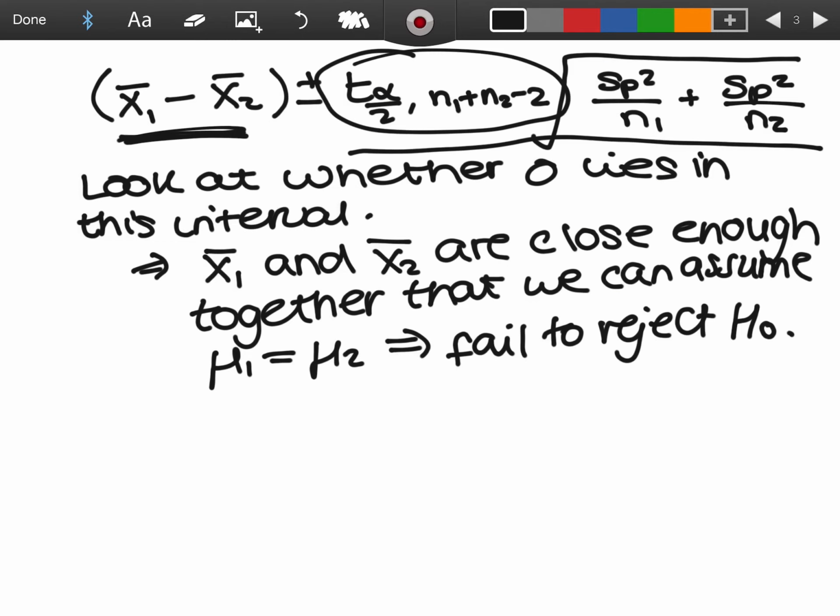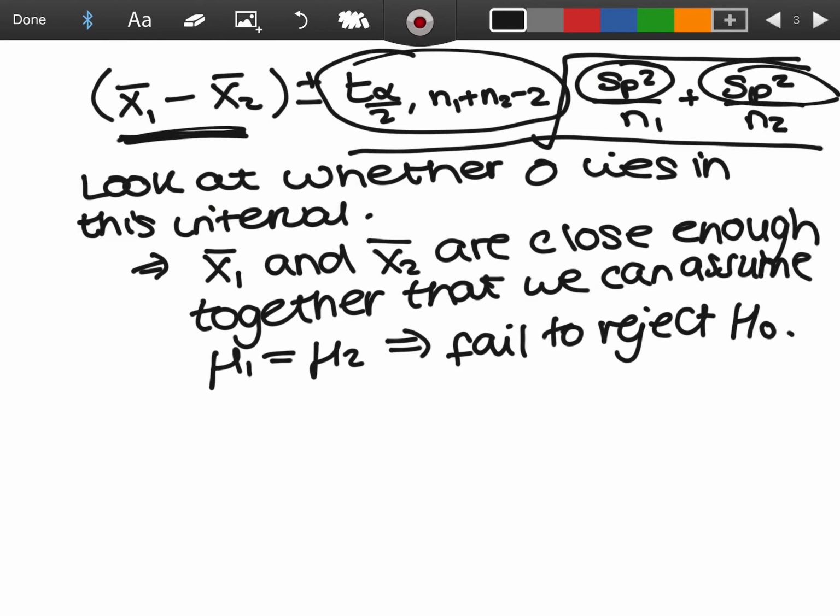So you're going to type in your sample standard deviations, but what it wants to know is what to use for these 2 values up here. It's either going to use the sample standard deviations to estimate what those are going to be, or it's going to use this pooling technique where it takes an average. So you have to tell it whether to pool or not, and it will tell you that in the problem. So please read the problem carefully.